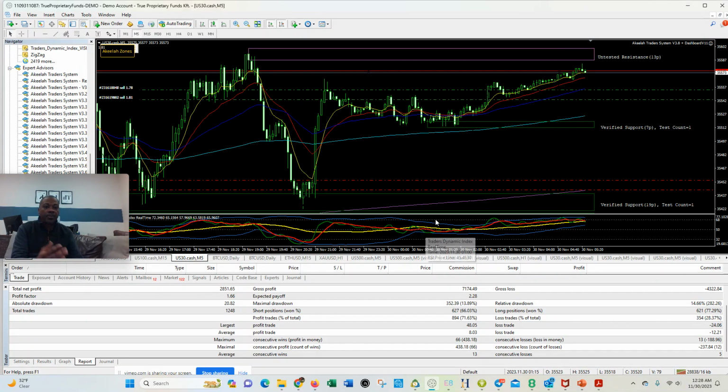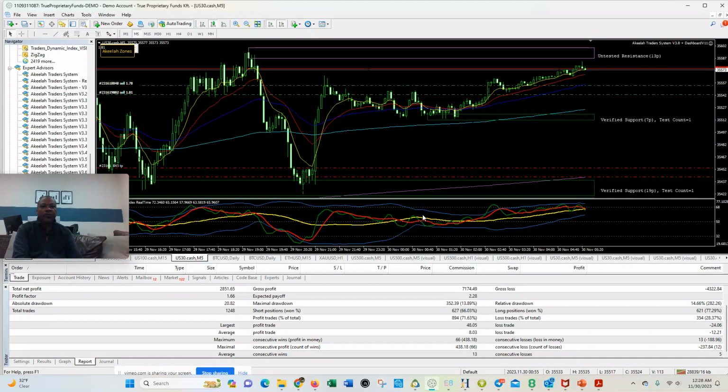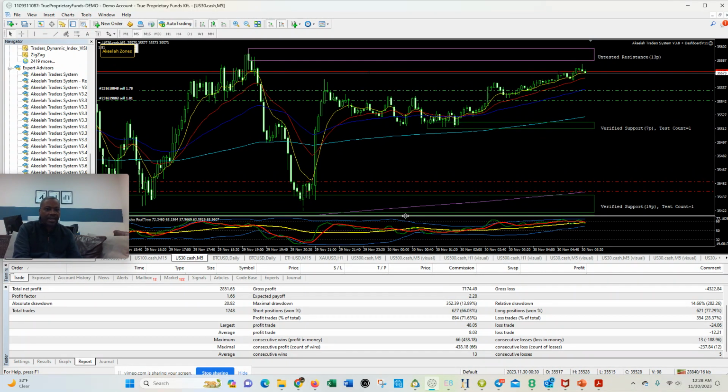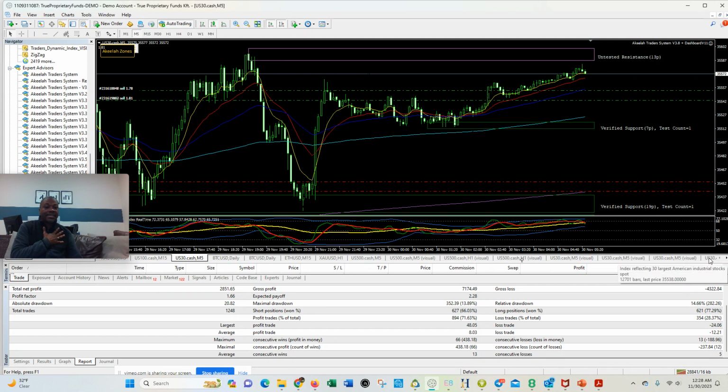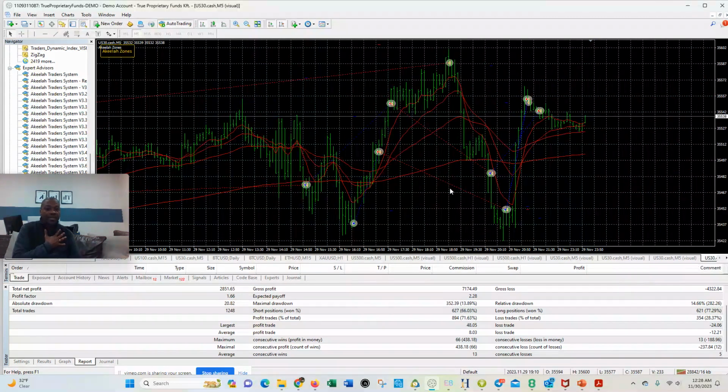It sees RSIs. It sees Bollinger Bands. It sees all of these different kinds of technical tools and things that are in here. Our system sees that. You don't have to see it. Your screen can continue to look blank, without any of these kinds of tools on it. But our system sees it already. So whether you have those tools or not, you're able to take advantage of that.